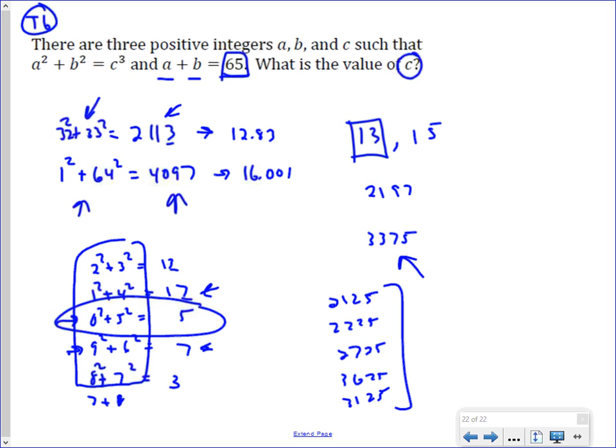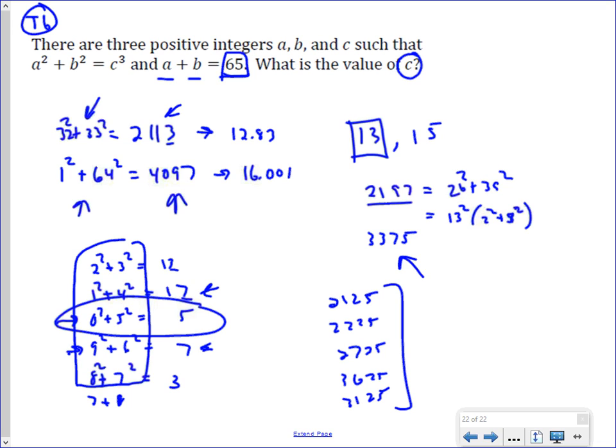26 squared plus 39 squared, you get 2197. And so it turns out that 13 cubed equals 26 squared plus 39 squared, which, by the way, if you think about factoring out a 13 squared from both of those, you're left with 2 squared plus 3 squared, which equals 13 of itself, which shows you that it's 13 cubed.